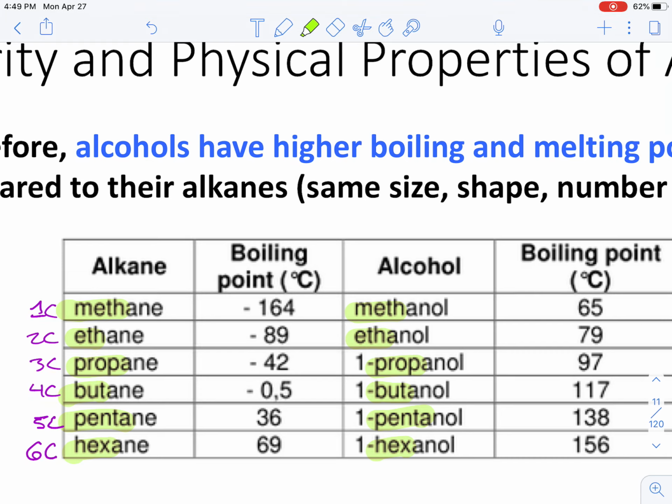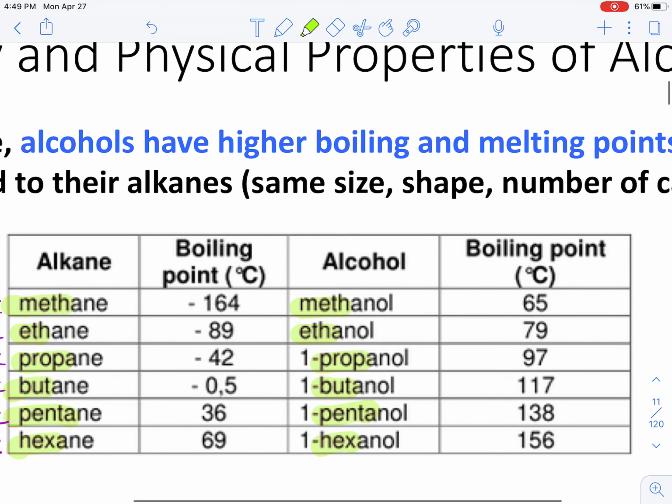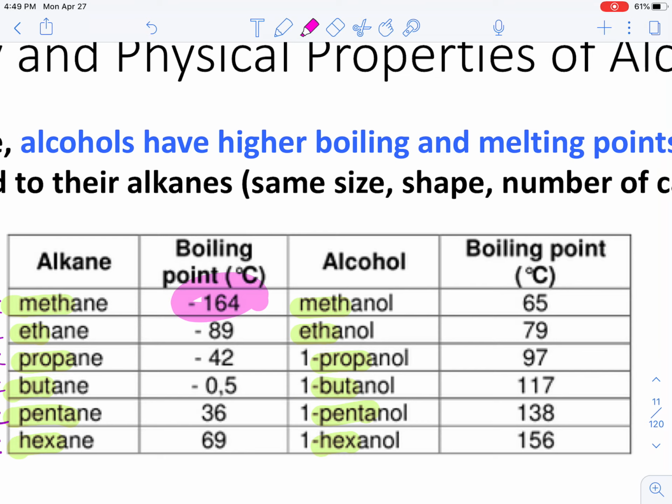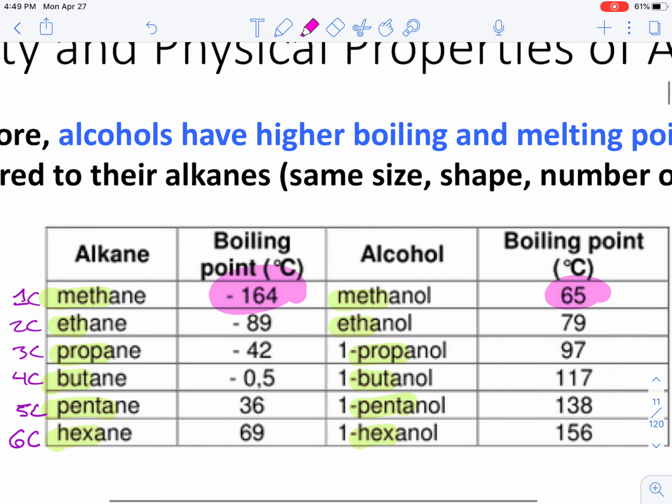And so when you guys are comparing alkanes and alcohols with the same number of carbons, and you look at their boiling points, notice that it's tremendously different. Methane, a 1 carbon organic compound, has a boiling point of negative 164 degrees Celsius.